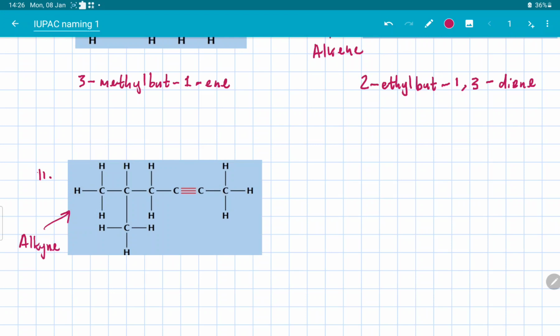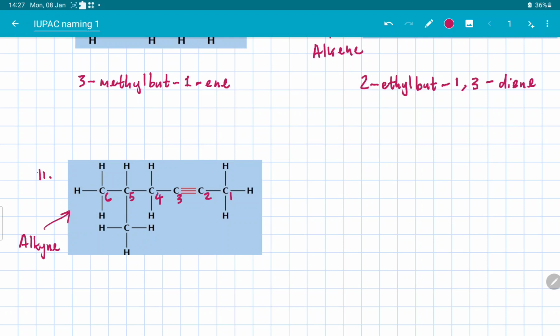Remember the emphasis: a double or triple bond takes priority over the alkyl group. The molecule is not symmetrical, so we have to start from this side, 1, 2, because the triple bond at carbon 2 would be further away from the other side. So 1, 2, 3, 4, 5, 6, and at carbon 5 there is a methyl.